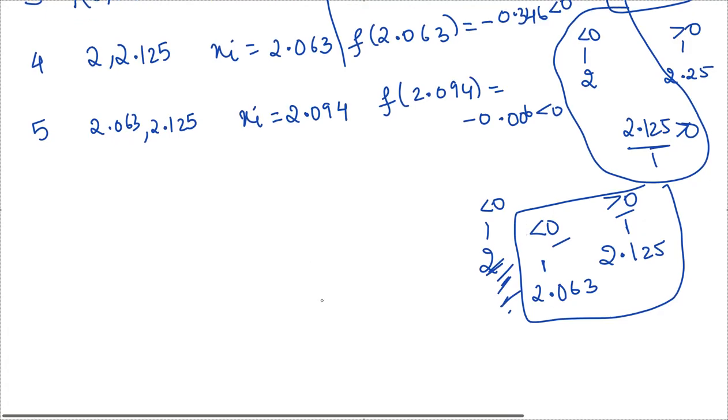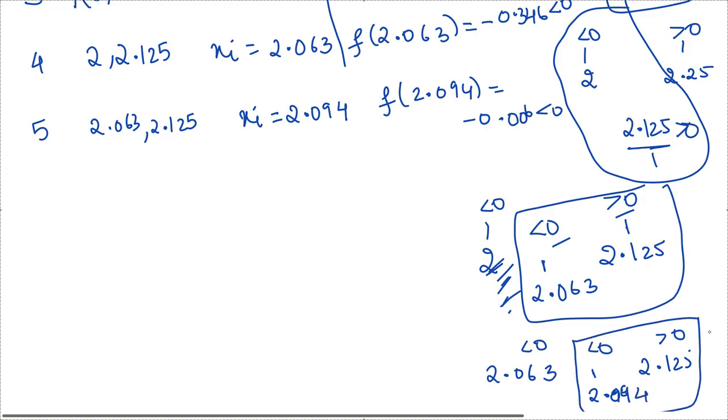So what we had: 2.063 was giving us less than 0, then 2.125 was giving us greater than 0. Now we got the middle one as 2.094, and it is also giving less than 0. So now we will shrink the interval further and consider these two.